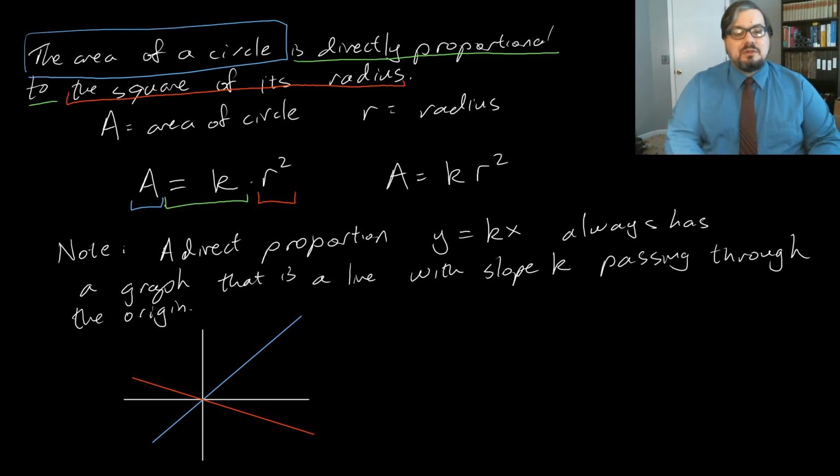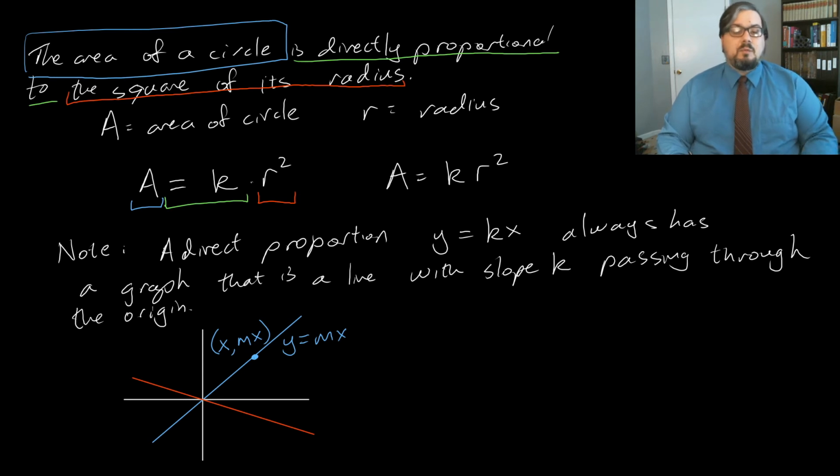And the thing to note about these expressions, like y equals mx, is that for any point on the graph, the y-coordinate is always a multiple of the x-coordinate. That's for any y equals mx plus b, where b is 0. The y-coordinate is always the same multiple of the x-coordinate, or in other words, the y-coordinate is proportional to the x-coordinate.